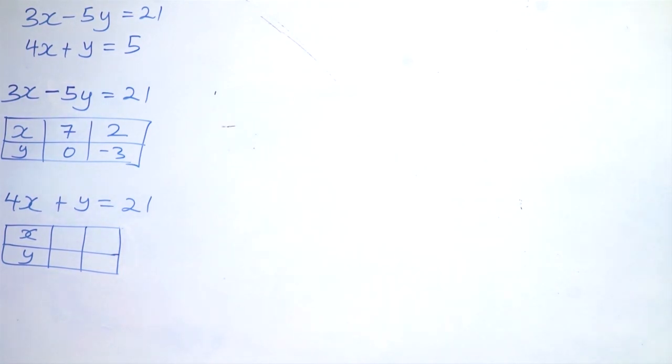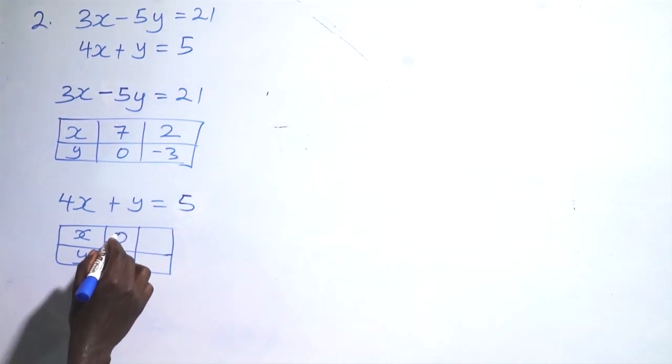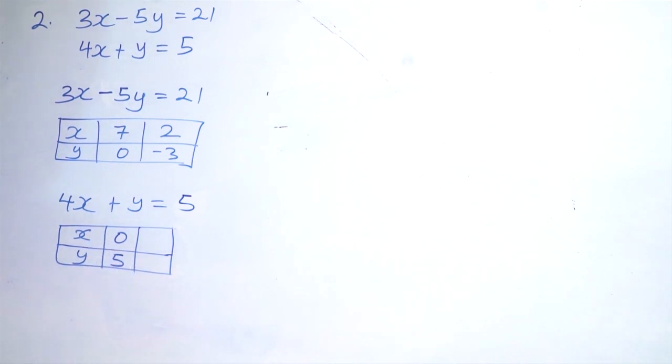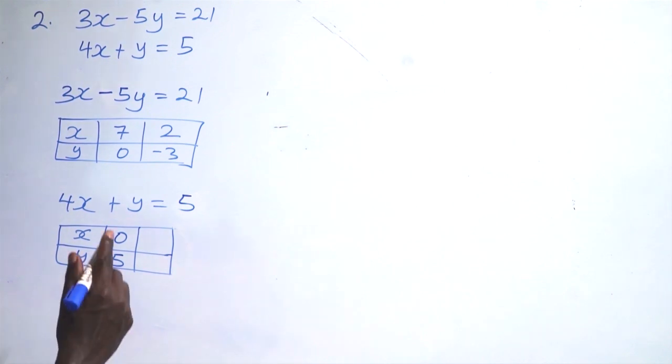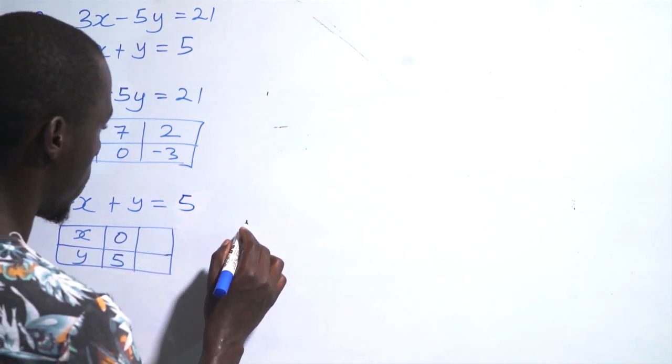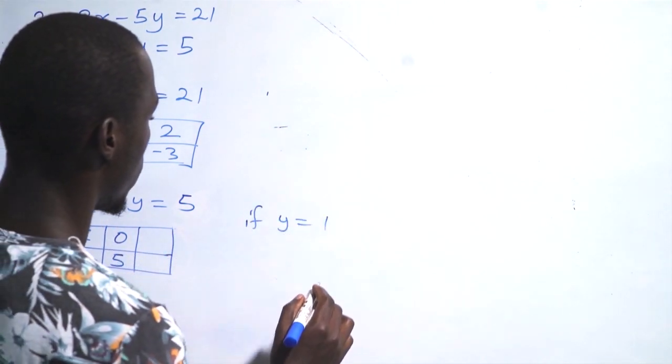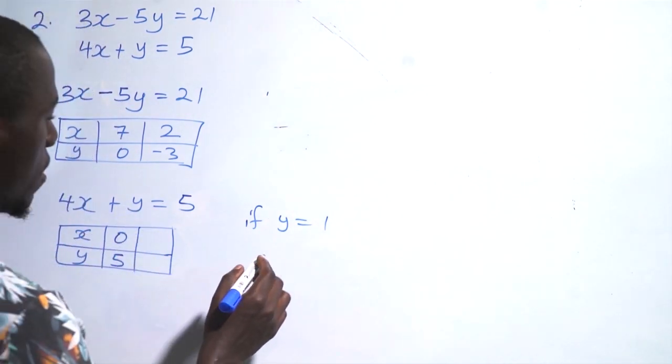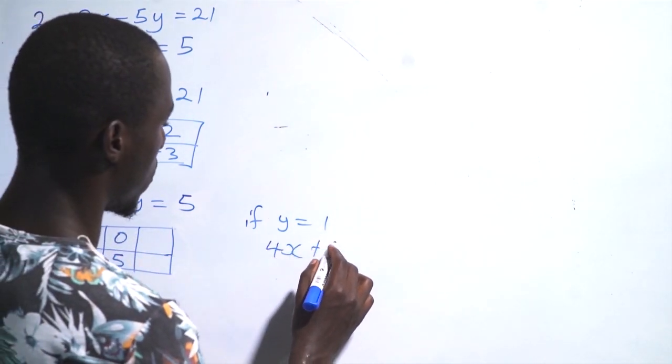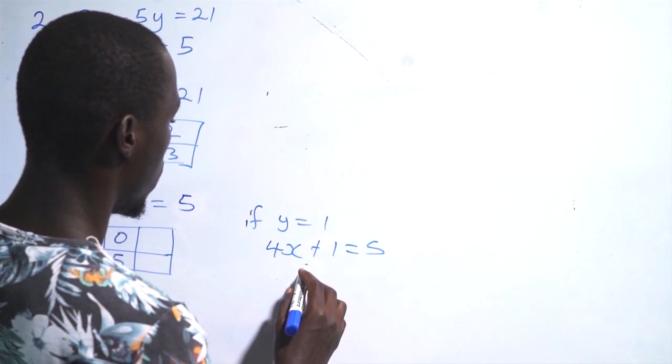Then I go to the second one. Suppose my x is 0. I get the y value as 5. Then suppose my y is 1. Substituting there, that is 4x plus 1 is equivalent to 5.